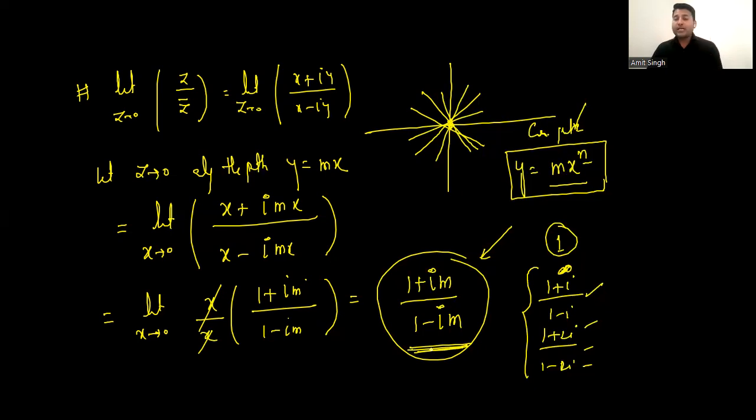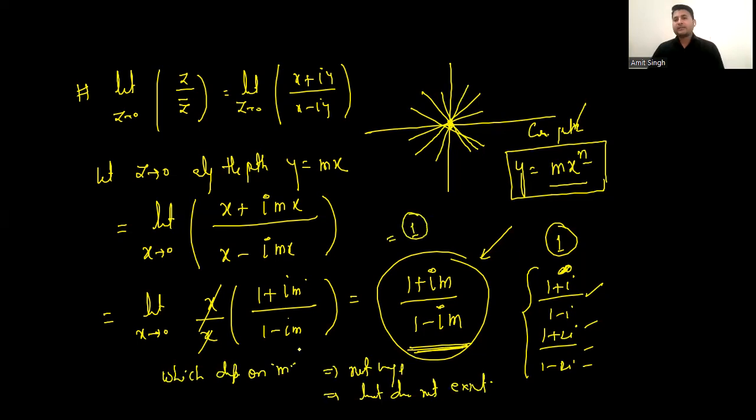Depending on m means it is not unique. And not unique means the limit does not exist.